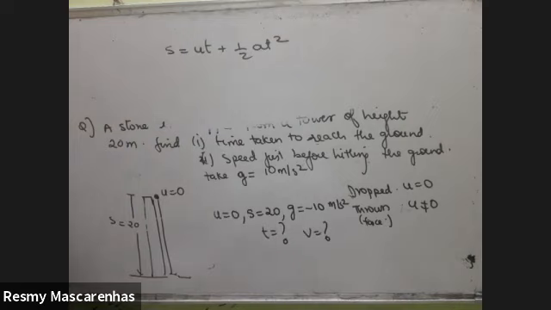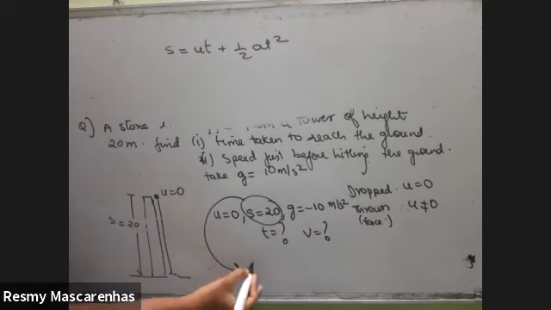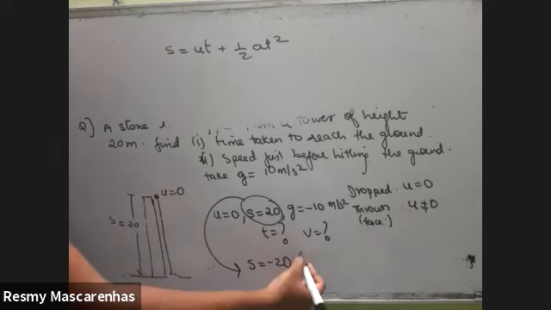Now, can anyone tell me whether the distance taken is correct or not? s will be how much? Has anyone noticed? s is equal to minus 20 because the ball is coming downwards.